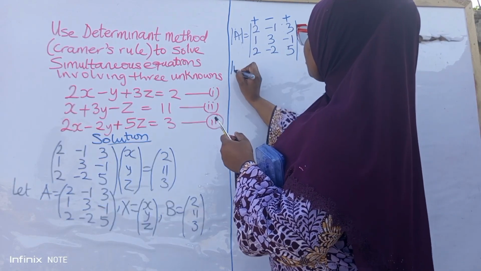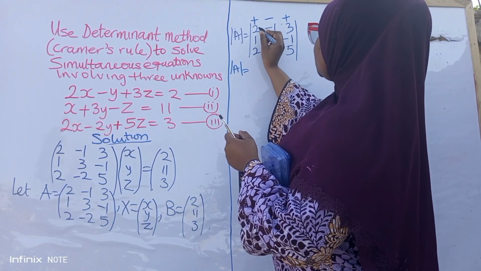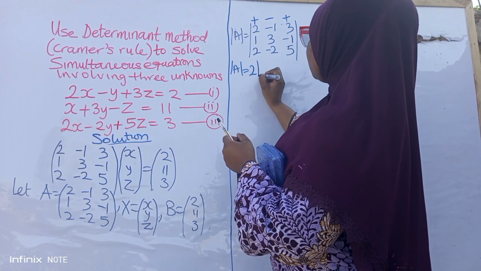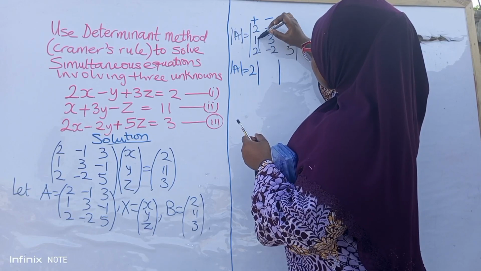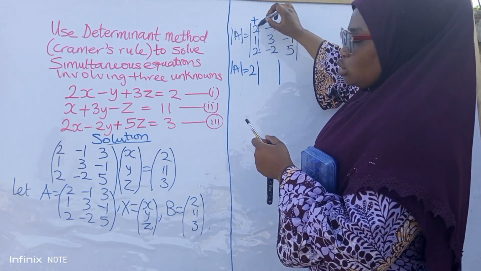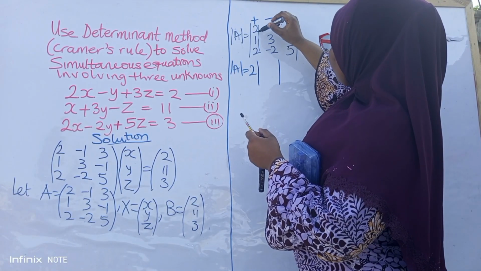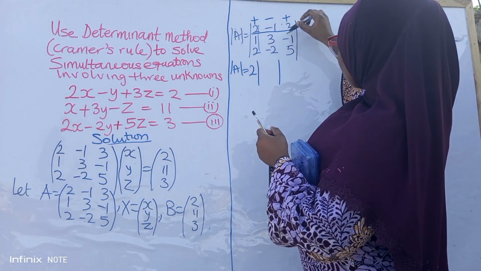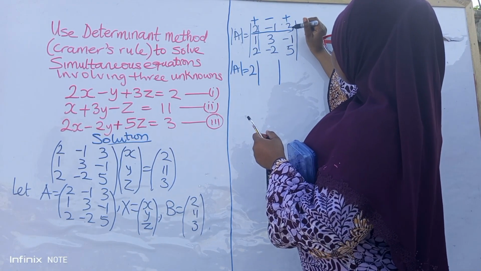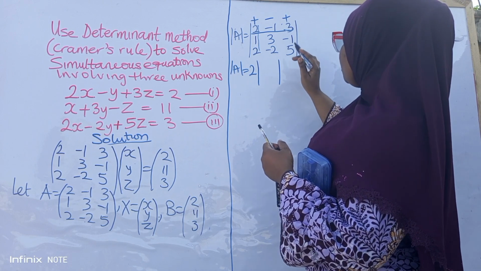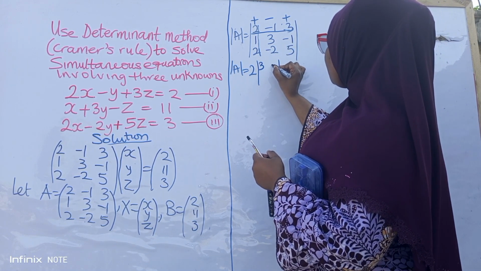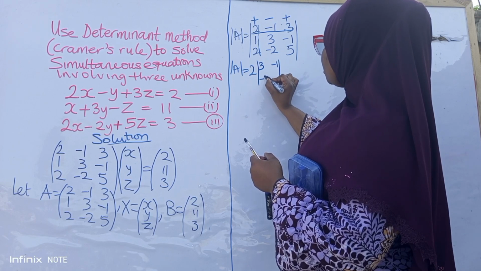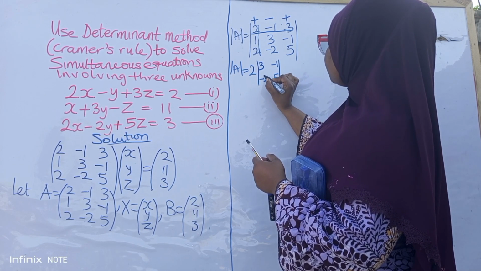So now the determinant of A will be, you take plus 2, then the determinant of this one: cover where that 2 belongs vertically, cover where it belongs horizontally. So after covering, you are left with 3, minus 1, minus 2 and 5.